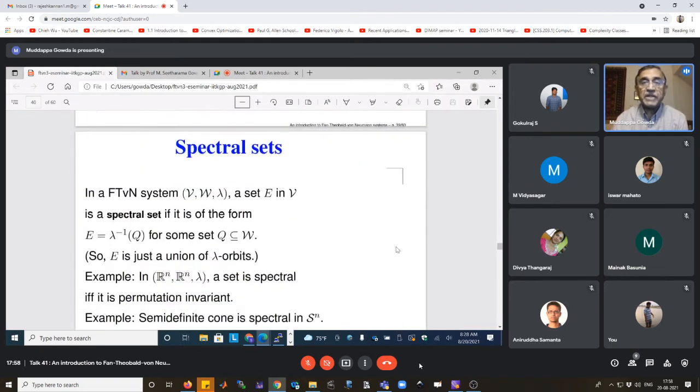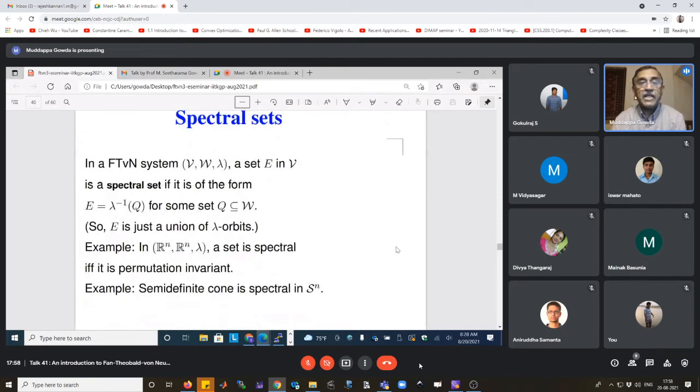Next, I'm going to talk about spectral sets. In a FTVN system, a set is a spectral set if it is of the form E equals lambda inverse of Q for some Q contained in V. So this spectral set is just a union of lambda orbits, nothing else. So whenever you have a set that can be described in terms of eigenvalues, that gives us a spectral set.